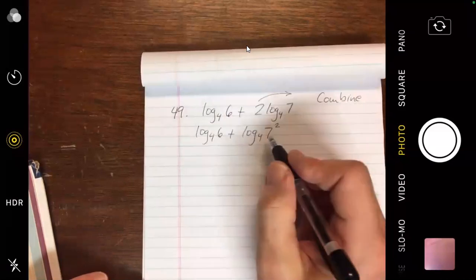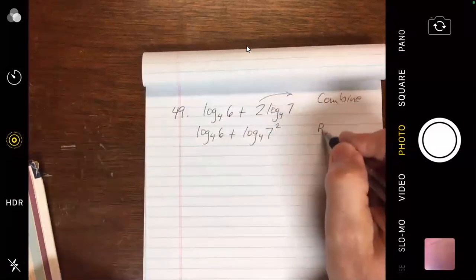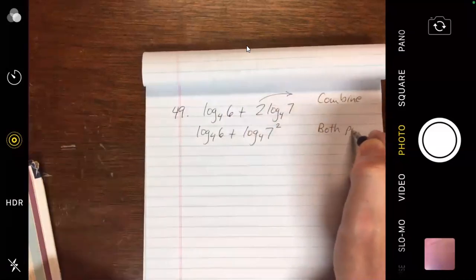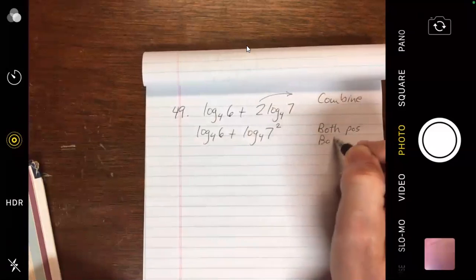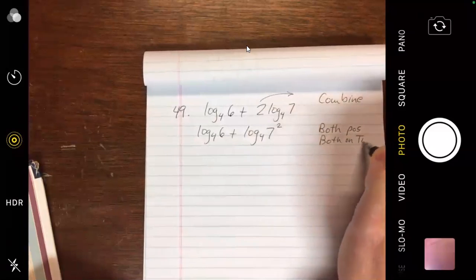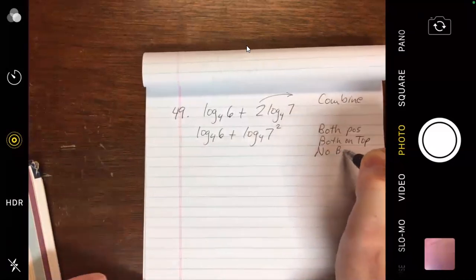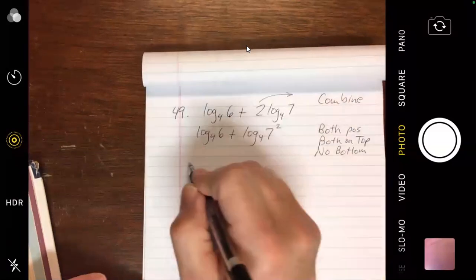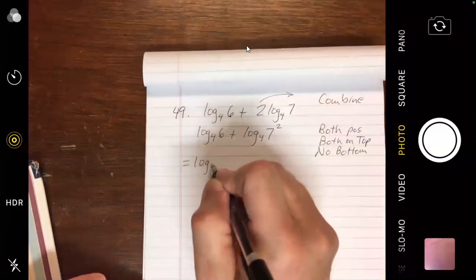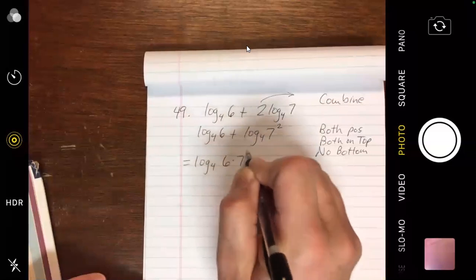Well, they're both positive. That means they'll be both on top. There's no bottom. There's no negative log. Log base 4 of 6 times 7 squared.